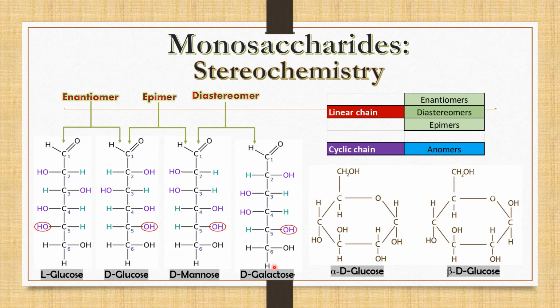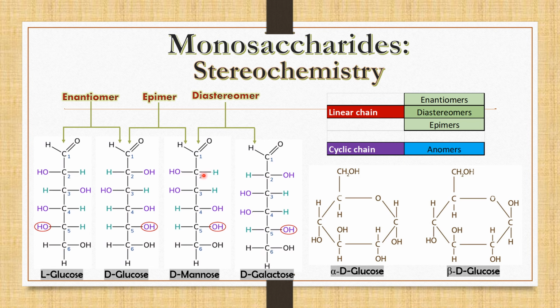If you look at D-mannose and D-galactose, for instance, they are the same around carbon 1. They have differences in orientation around carbon 2. They are the same around carbon 3. They have differences in orientation around carbon 4. The same on carbon 5, same on carbon 6.